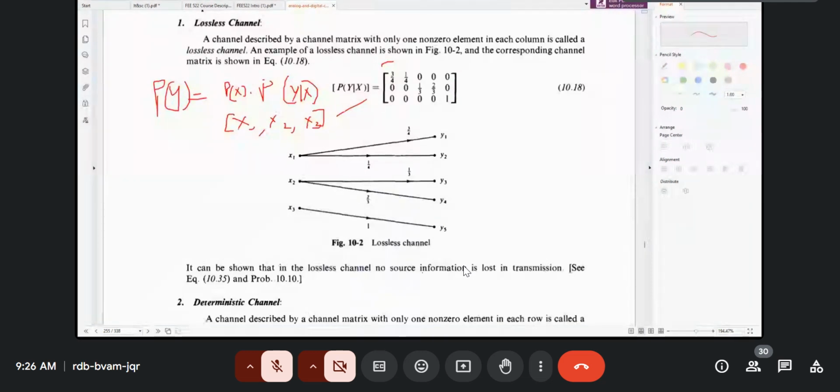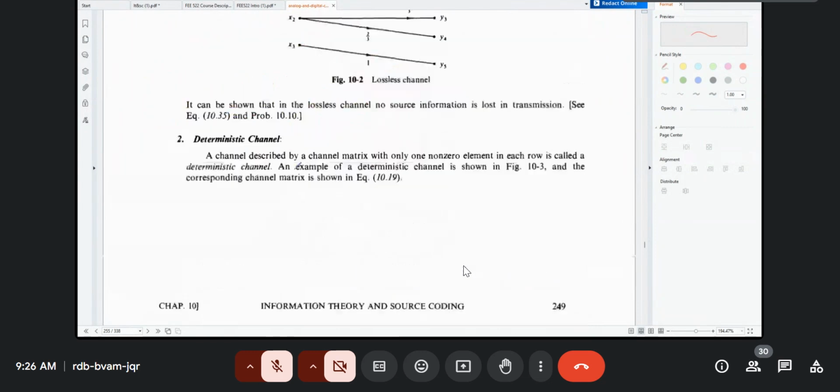So no information is lost in transmission in a lossless channel. So deterministic, this is a channel that has one and zero element in each row.